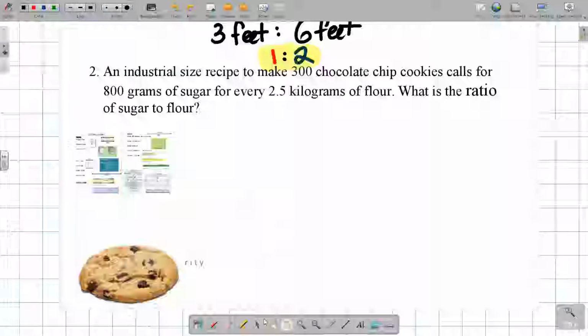Let's get another recipe here. It says, an industrial size recipe to make 300 chocolate chip cookies calls for 800 grams of sugar for every 2.5 kilograms of flour. So here's your 2 elements, sugar to flour.